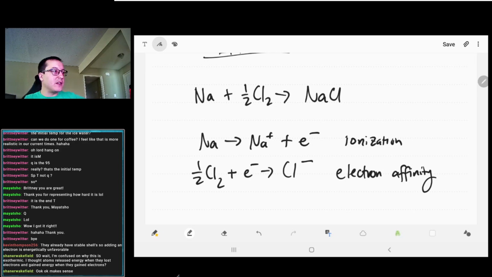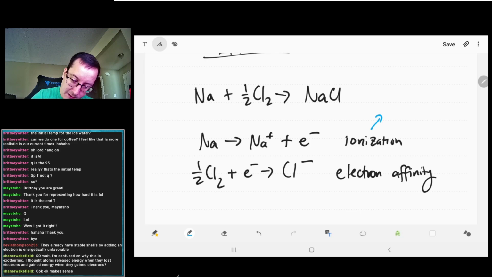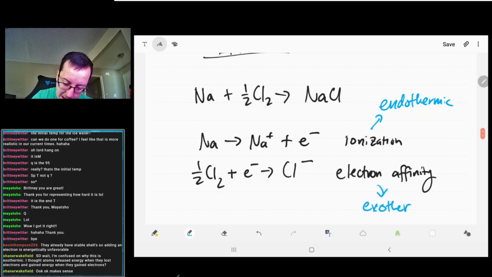For this particular one. So this is like how these reactions are happening. So this one here is endothermic. This one here is exothermic.